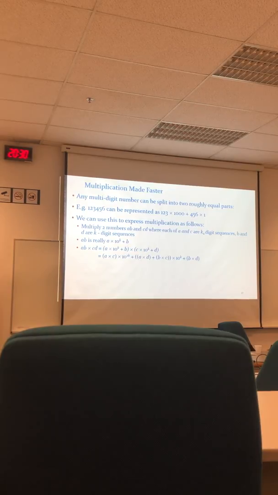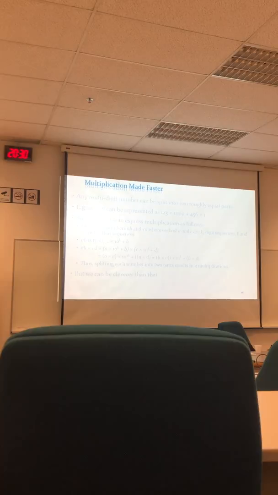Here we get quite a number of multiplications. So this is still not our final formula yet. We split each number into 2 parts, resulting in 4 multiplications. Here is still 4 multiplications. We have to cut down the number of multiplications.